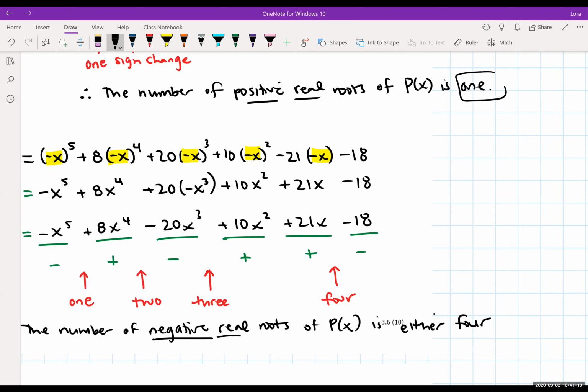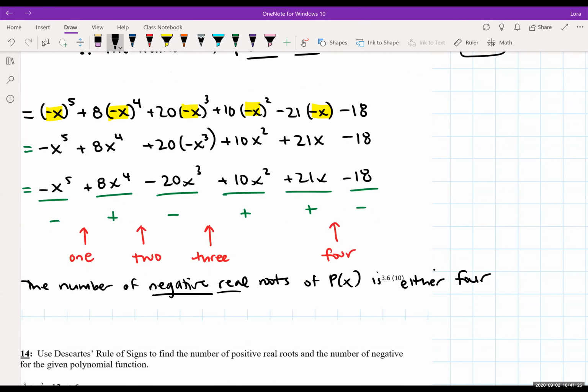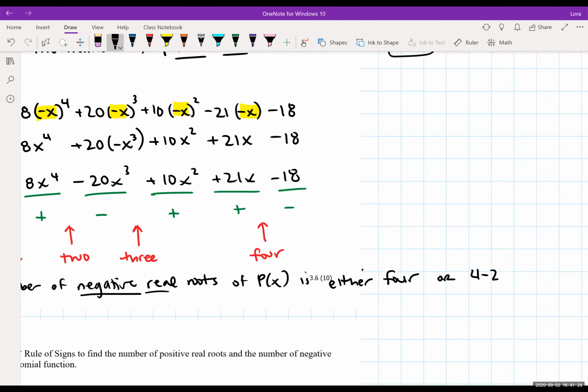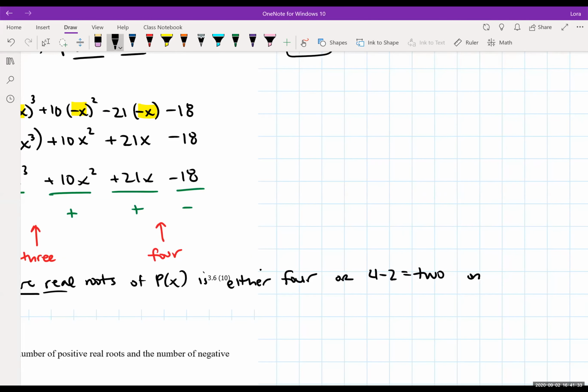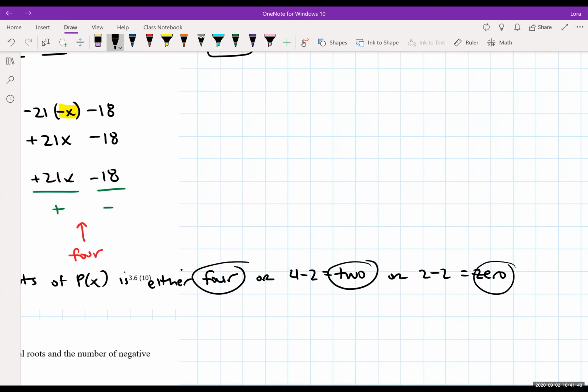And the idea is we keep subtracting off 2 until we get to something that wouldn't make sense. So we have 4, or 4 minus 2, which is equal to 2, or 2 minus 2, which is equal to 0. So we have three possibilities. We have 4 negative real roots, 2 negative real roots, or 0 negative real roots.